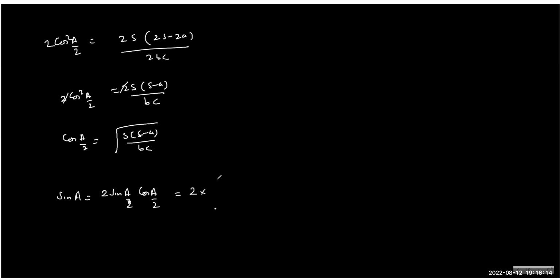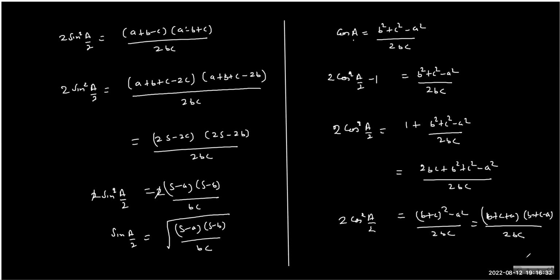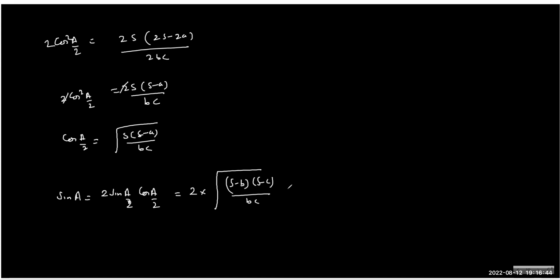Sin(A/2) we got as under root of (S minus B) into (S minus C) by BC, and cos(A/2) we got as under root of S into (S minus A) by BC. And if you look carefully, this is how much? The BC will come outside, 2 by BC. And what are we left with?